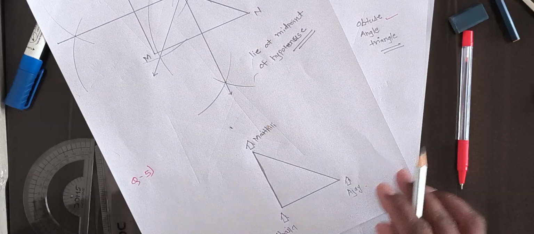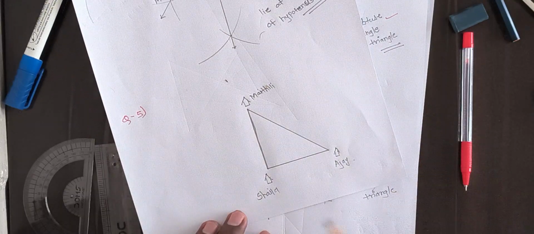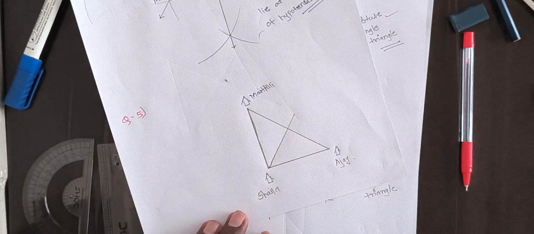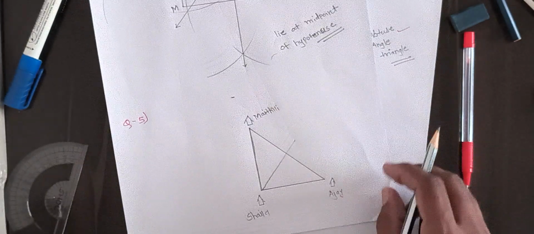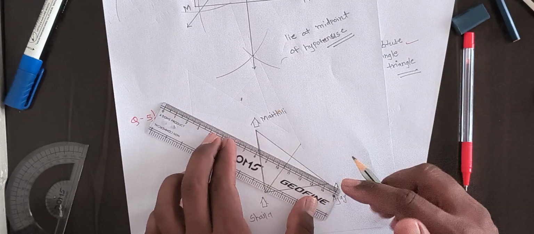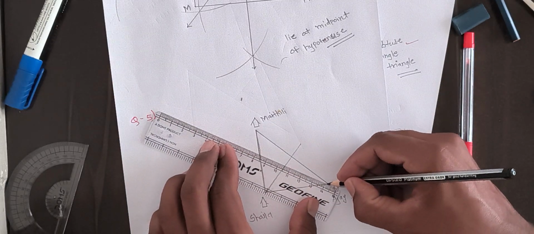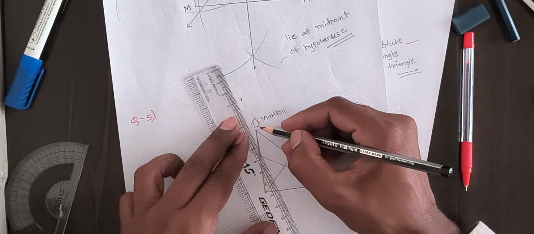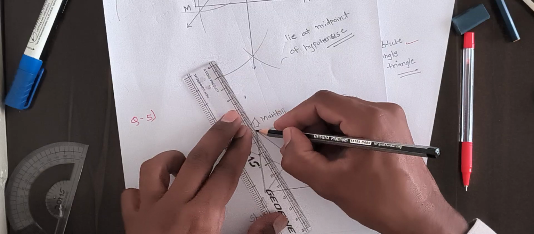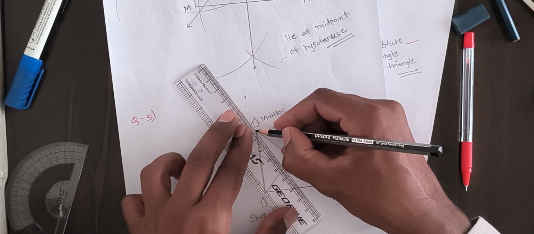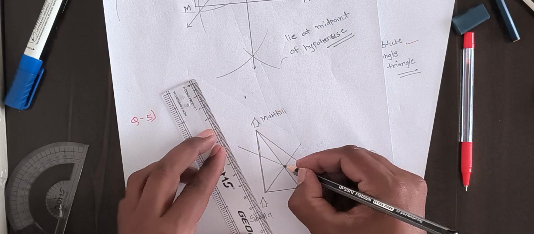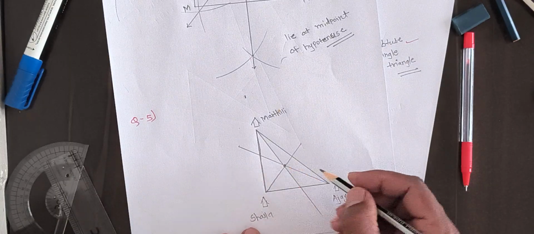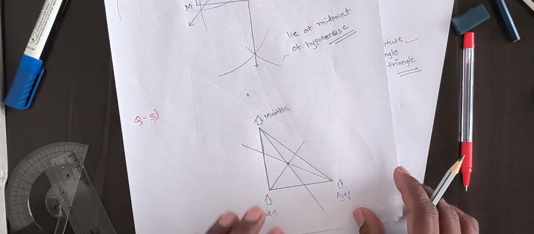So what can be the possibilities here? Suppose I draw a bisector this way, and here also one bisector, and from here also one bisector. At this point the shop is there, equidistant, like the previous question.